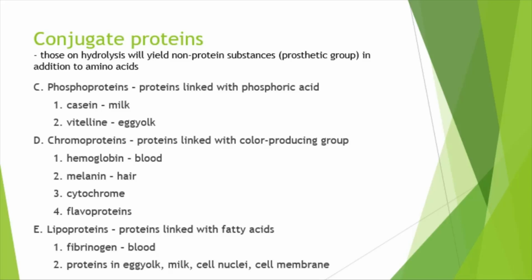We have hemoglobin that gives color to your blood, melanin to your hair, cytochrome, and flavoproteins. Next, we have your lipoproteins. From the word lipo, meaning fatty acids or lipids, these are proteins linked to fatty acids. Examples are fibrinogen found in your blood and proteins in egg yolk, milk, cell nuclei, and cell membrane. So those are your conjugated proteins.